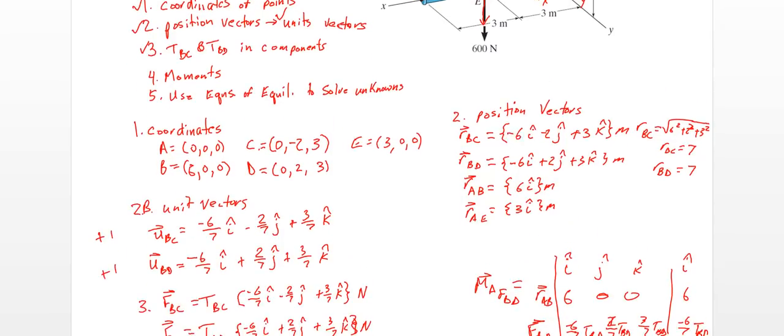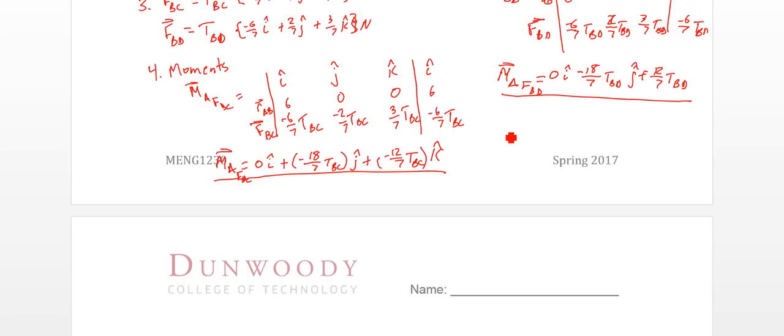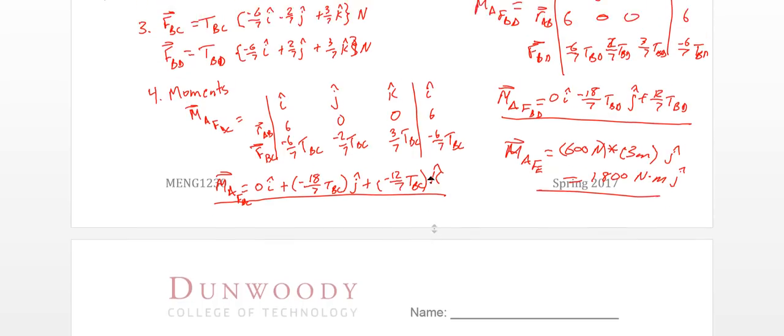My moment around A due to the force at E equals 600 newtons multiplied by 3 meters, all in j, so that equals 1800 newton meters in j. So there we go. There's our moments.